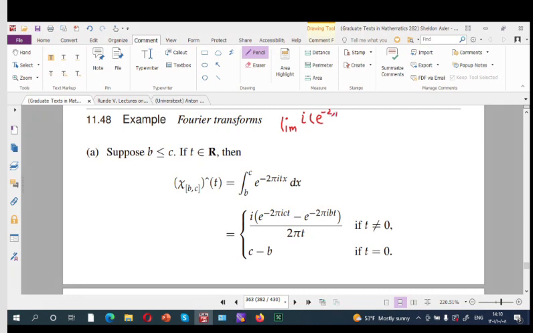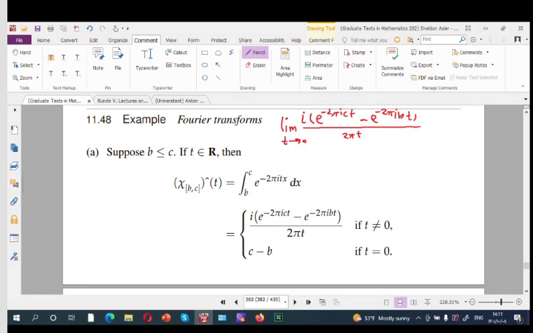The limit of this, e^(2πict) minus e^(2πibt), divided by 2πit, as t tends to 0, is 0 divided by 0.